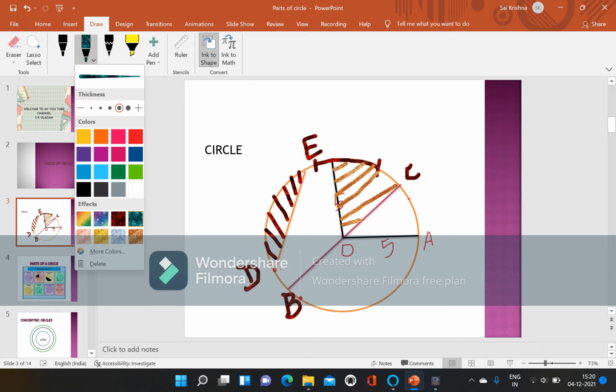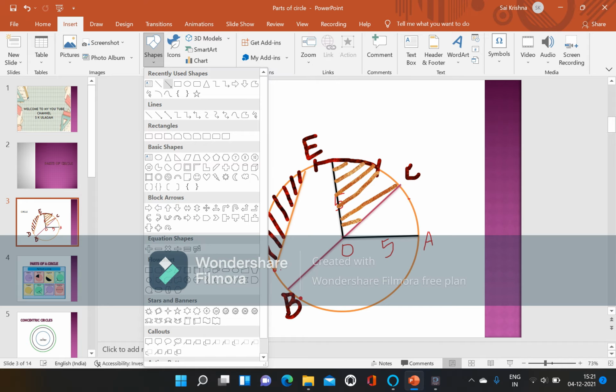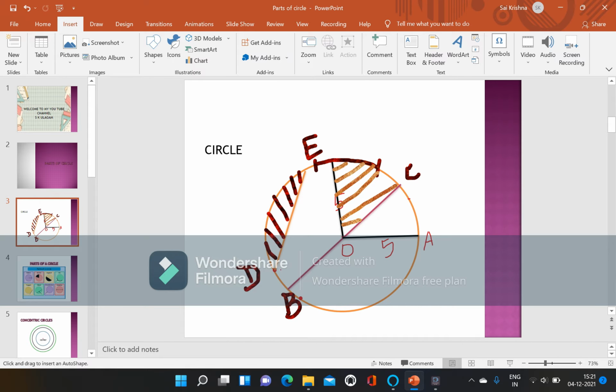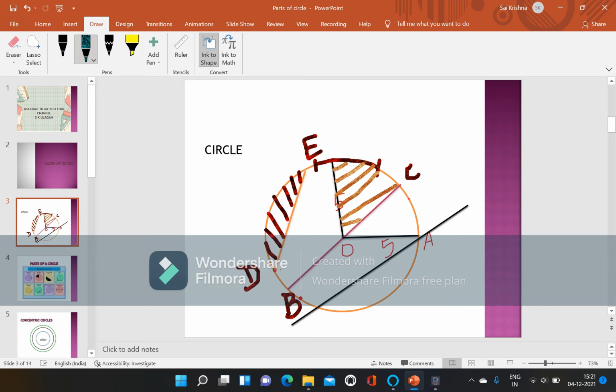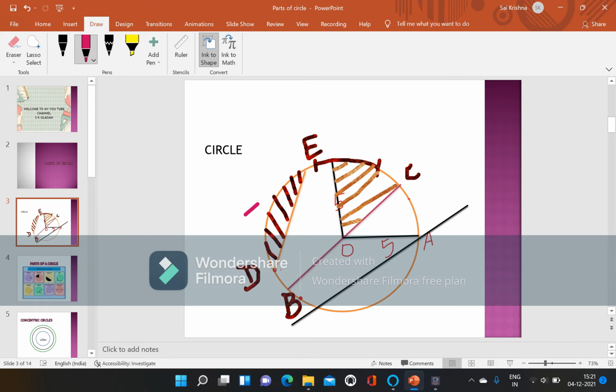And the next, what do you mean by tangent and a secant? So a secant is nothing but a line which passes through 2 points on a circle. This line which passes through 2 points on a circle is called the secant, and the line which passes through a point on a circle is called the tangent.